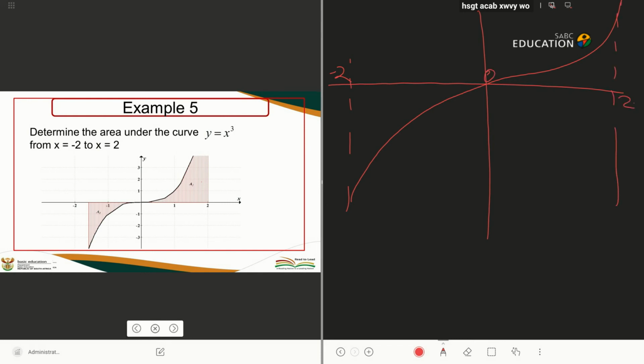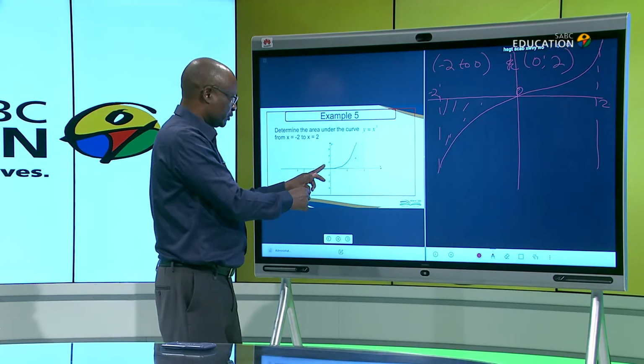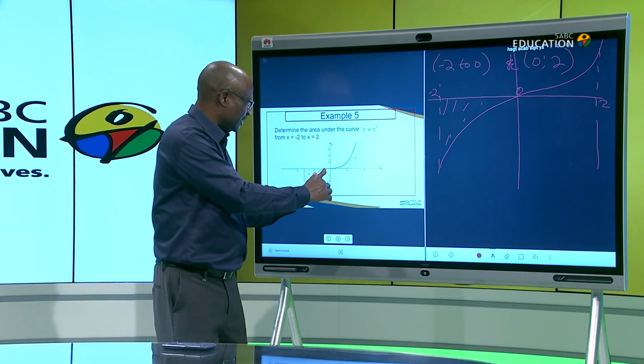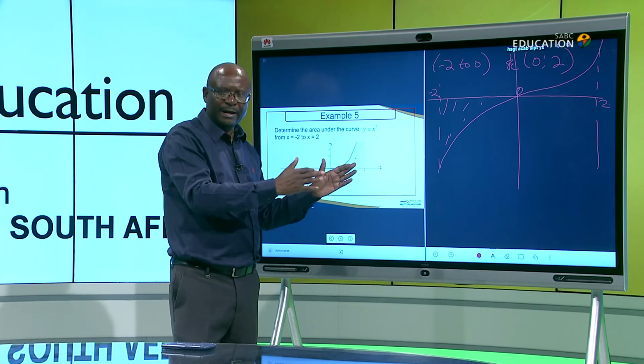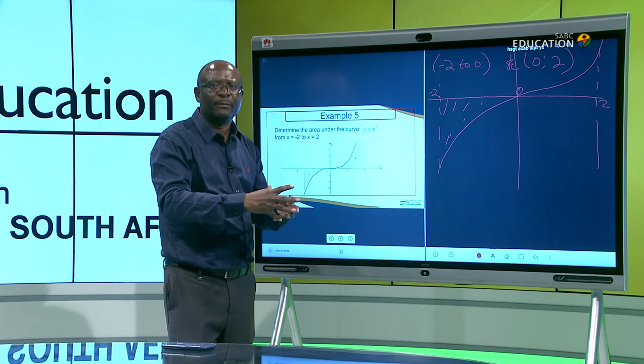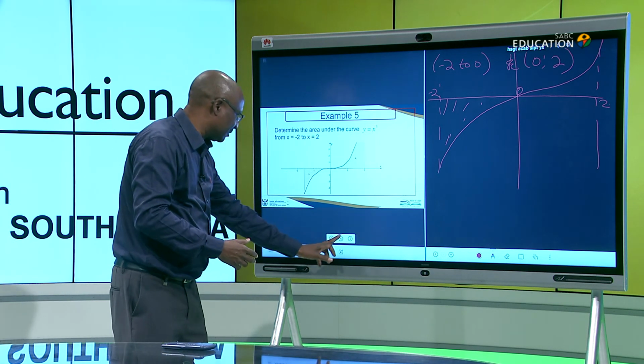It means I should split this between negative 2 to 0 and 0 to 2. You must determine the area of the part from negative 2 to 0, and again determine the area from 0 to 2. At the end, we add them, and then let us see what's going to happen.